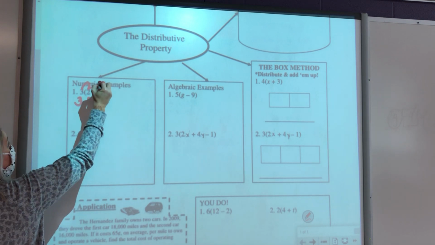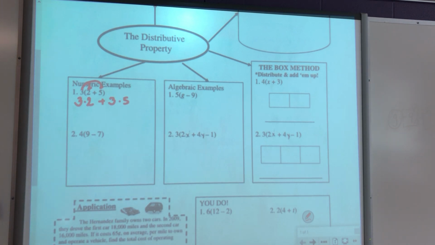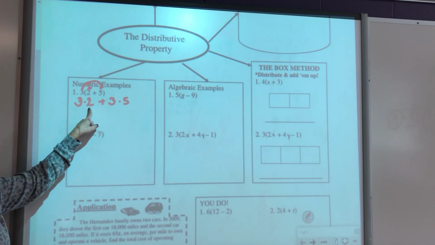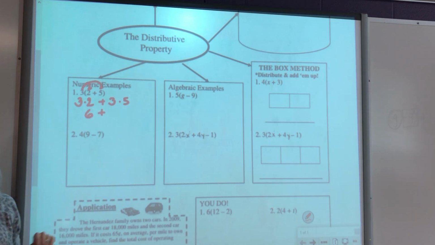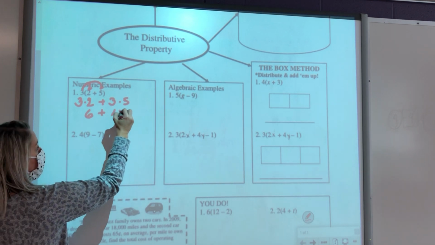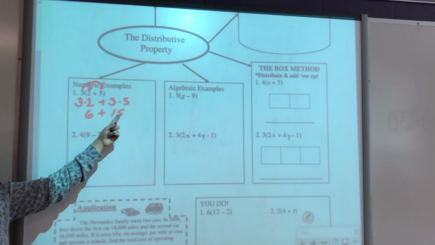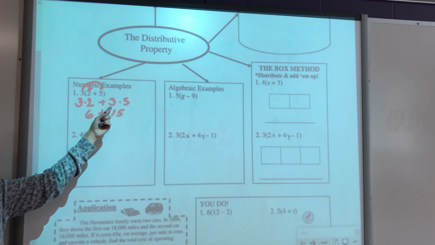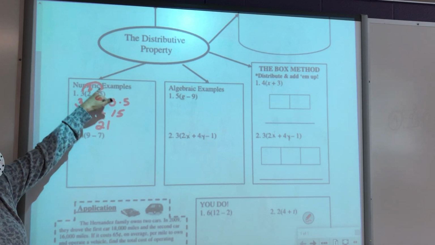And then we have 3 times 5. 3 times 2 is 6. 3 times 5, 15. And then 6 plus 15, 21. Very good. So the coefficient on the outside is multiplied by the add-ins on the inside.